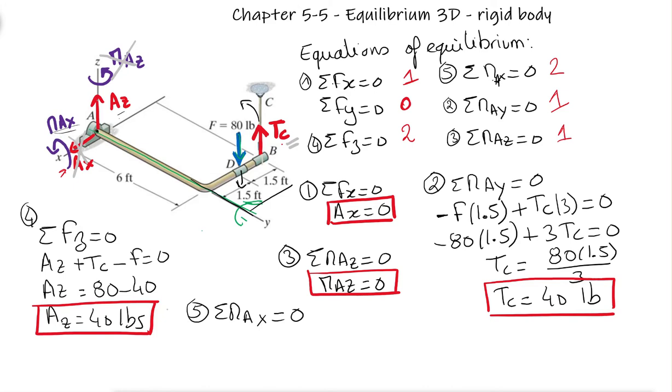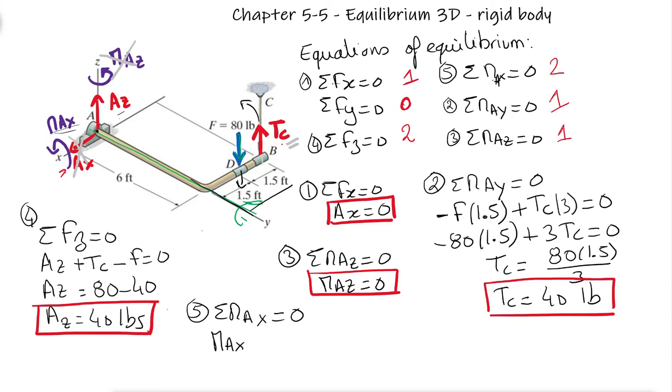We have the reaction at A, so the moment MAX, and this is different. Both of them are different. This one is the sum of all the moments about the point A at x, and this one is the reaction. The moment reaction inside the bearing is how much the bearing is able to prevent, as a couple, like which couple the bearings can prevent. Okay, so MAX, so this one.